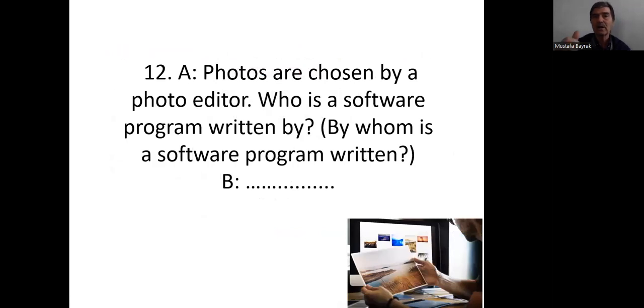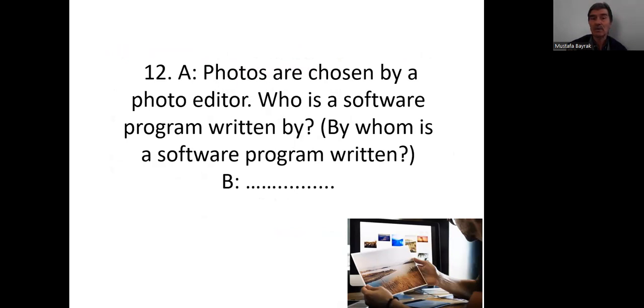12 photos are chosen. Do you see the present meaning, simple present tense meaning of the passive voice here? Photos are chosen by a photo editor, which is a software program written by, or by whom? By whom is a software program written? Yes.